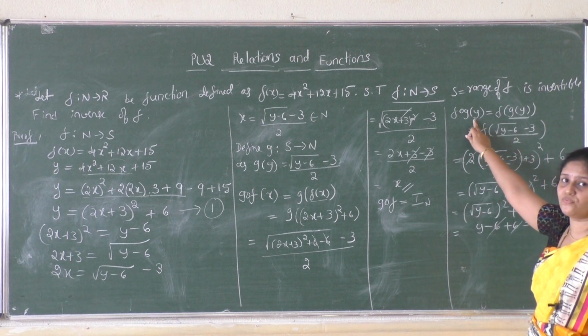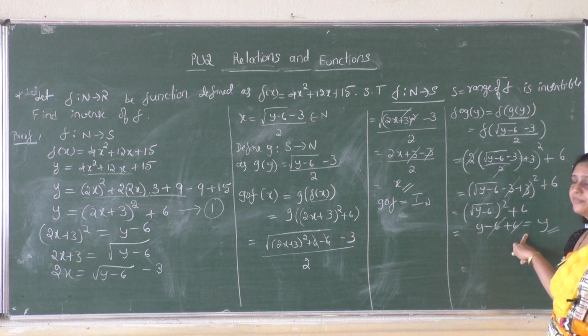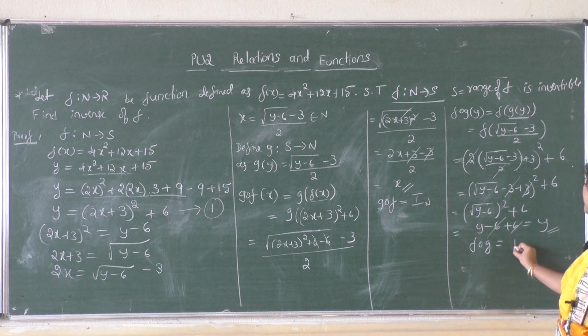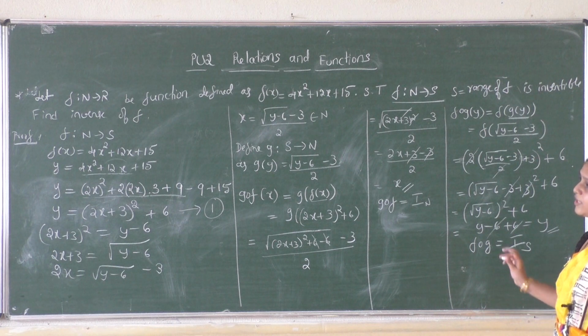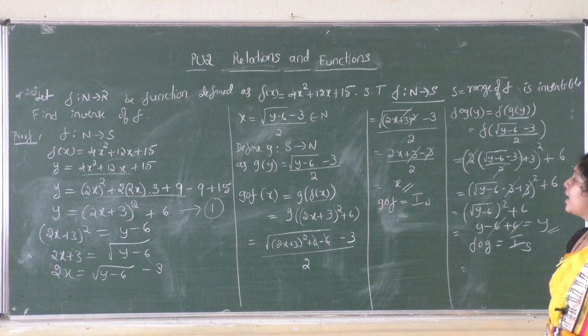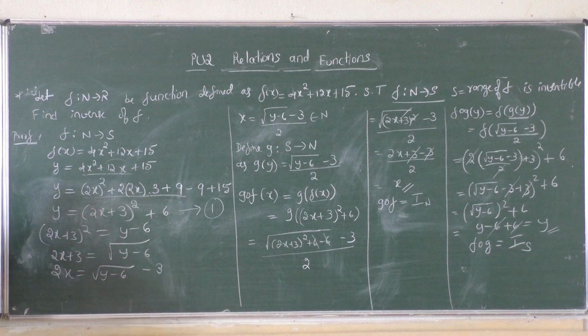So f of g of y is equal to y, that means f of g is identity. So g of f is identity, f of g is identity, so we can write f is invertible.